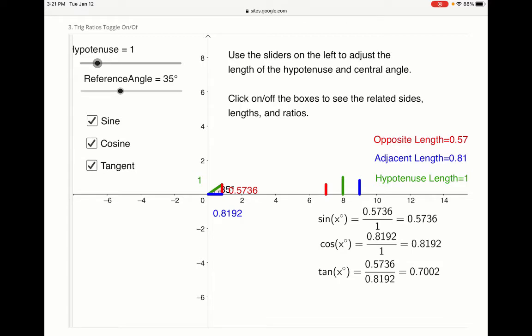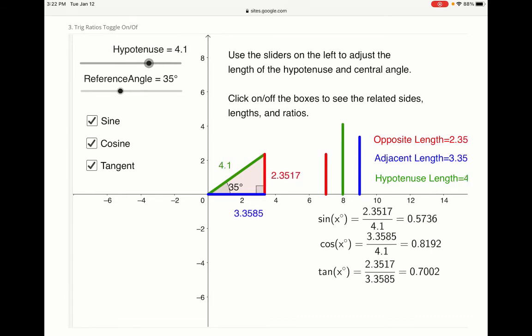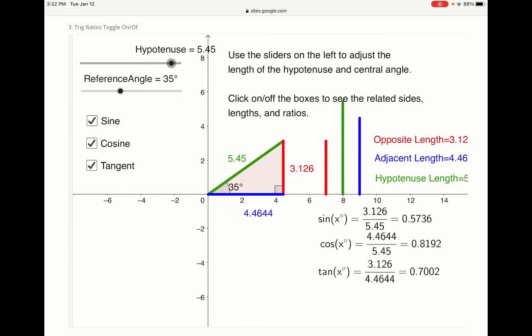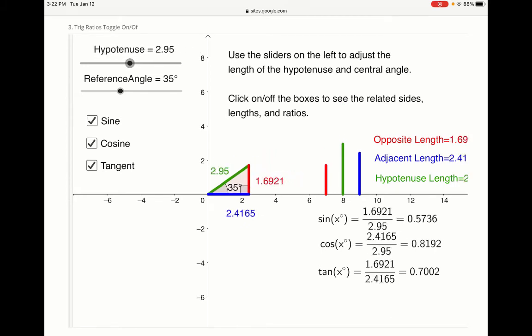So one thing I want to show is that if that hypotenuse gets bigger, so this is again the similar triangles idea, I want you to see that the lengths of all the sides of the triangles are changing, but not sine, cosine, tangent. That's what I'm talking about when I say that the ratios don't change. The same thing happens when I go down as well, to shrink all of those lengths.